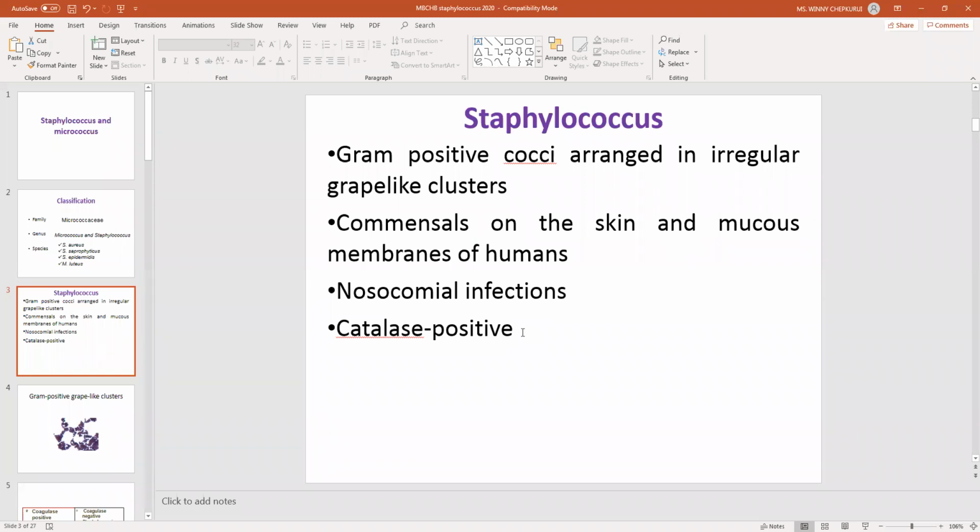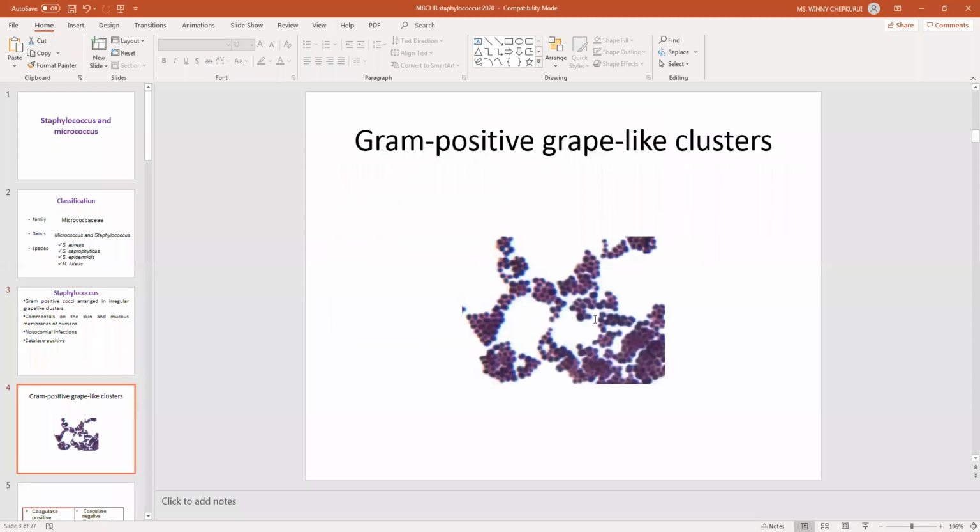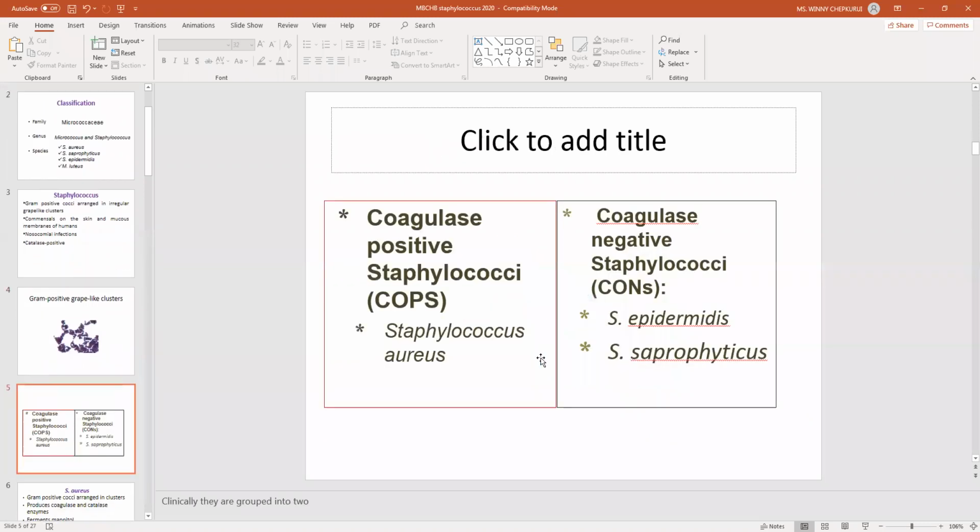So the first test that you can perform is the catalase test to enable you to differentiate the two. So this is how they appear on a gram stain. When you stain your specimen or even your culture with the gram stain, you will see the gram-positive cocci attached together, like I'd mentioned.